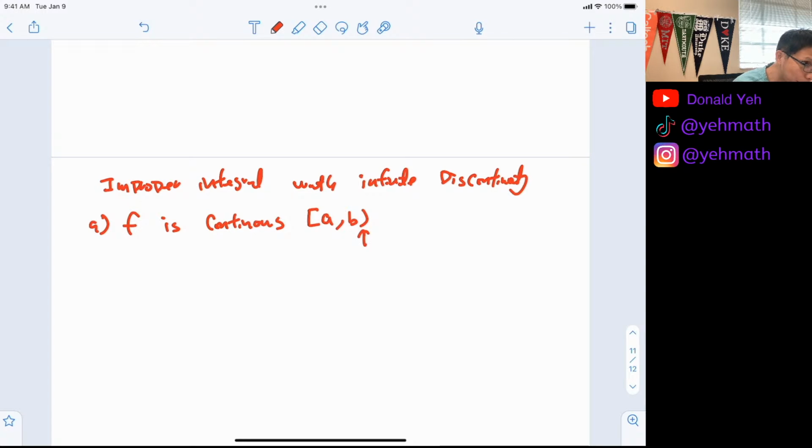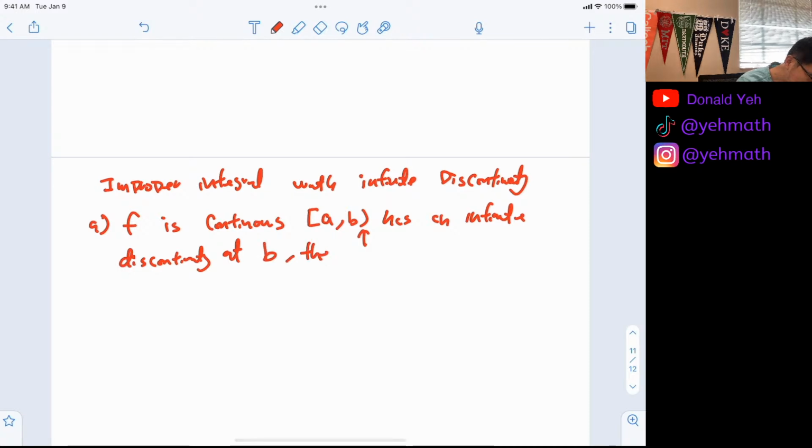So if it has an infinite discontinuity at b, then in the integration of a to b of f of x dx, remember which one is the discontinuity? b.